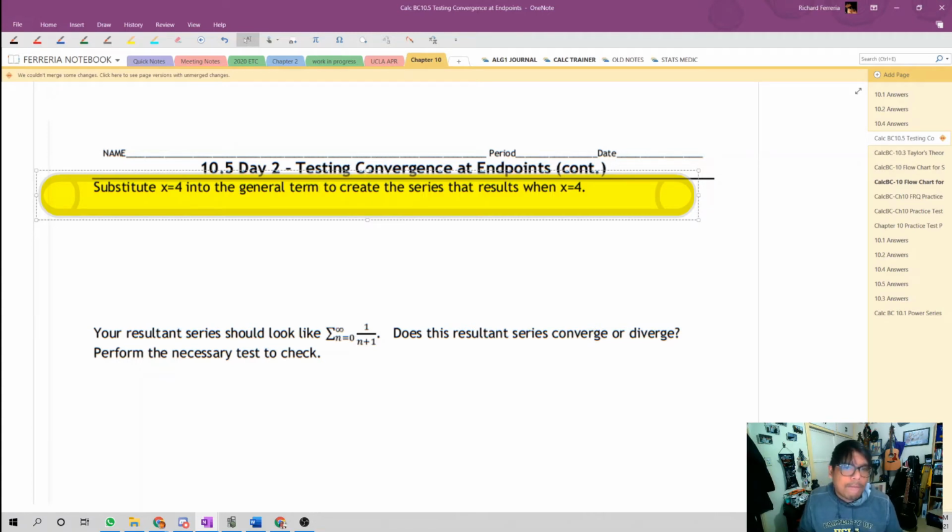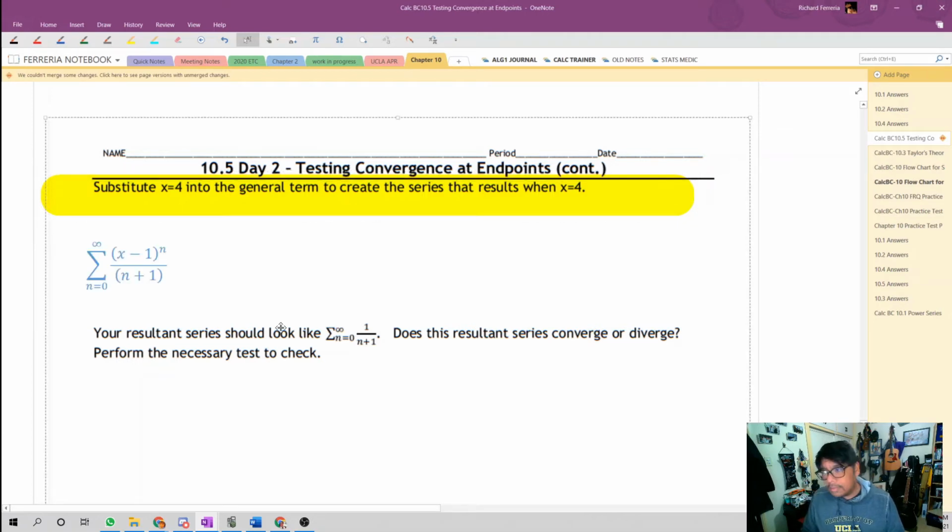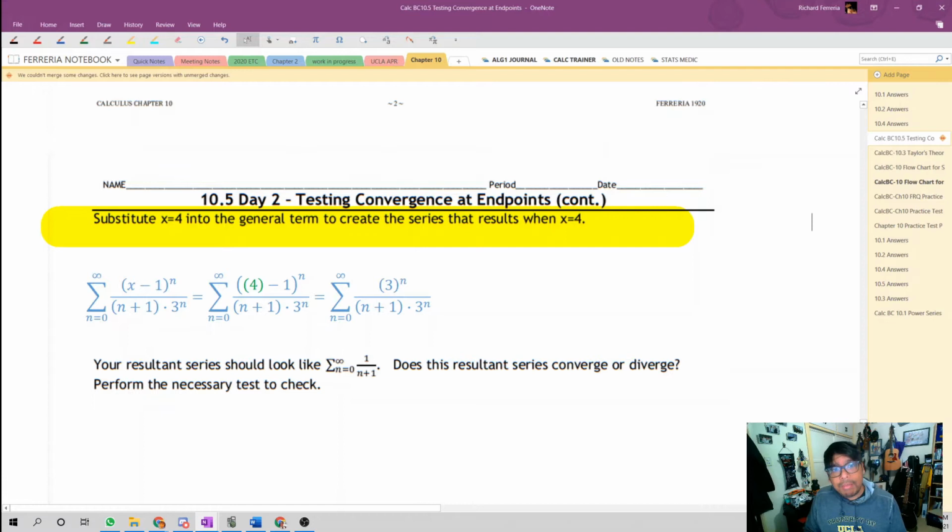You'll remember that 4 was the right endpoint of our series. So let's substitute 4. Start with the series from the beginning of the problem. Substitute 4. Simplify. Notice that we can cancel out the 3^n. And that gives us the resulting series, the sum of 1 over n plus 1.